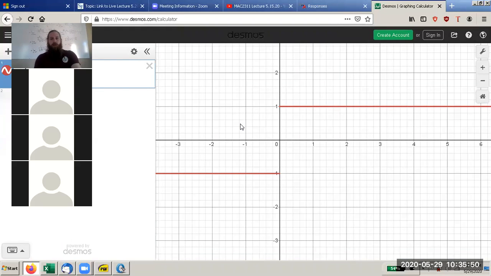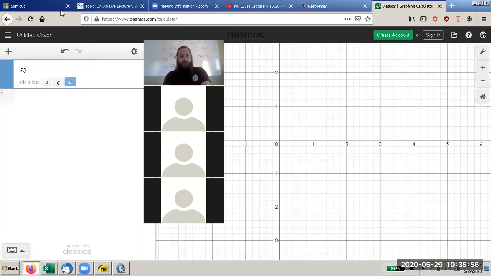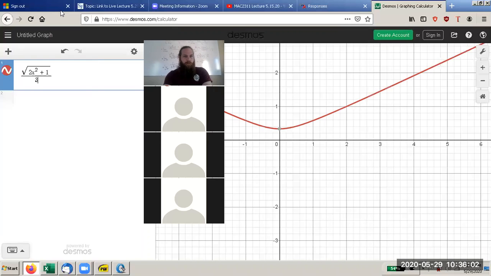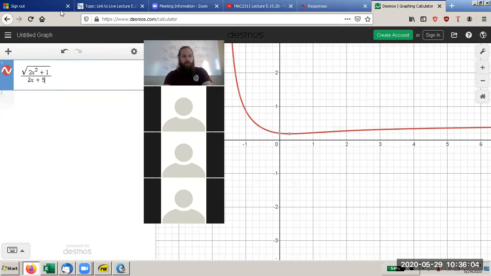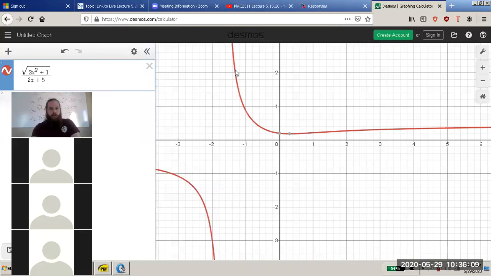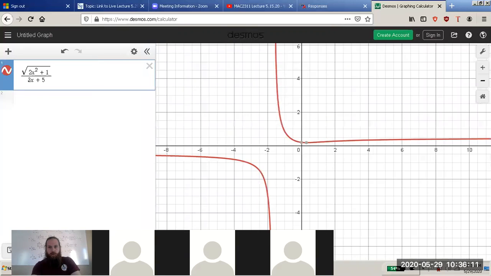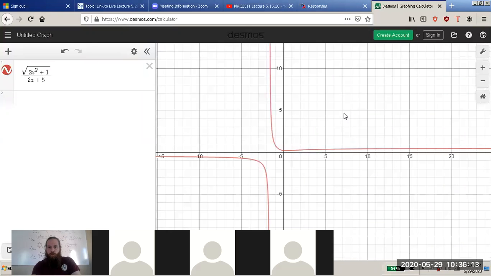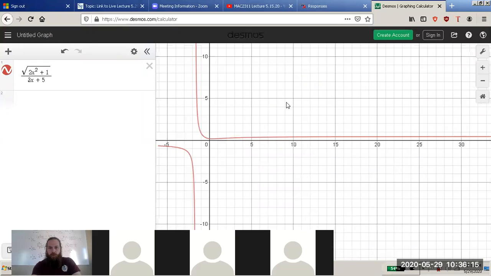I would like to take a look at the graph of this function that we're playing with. So there you see that. And if I zoom out, you see there really are two different horizontal asymptotes.